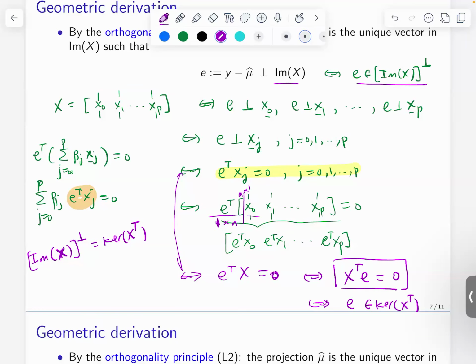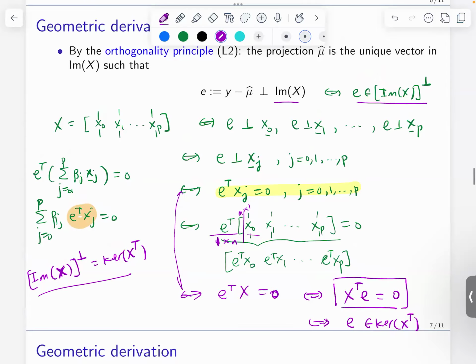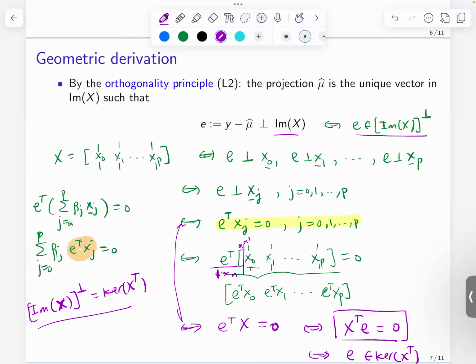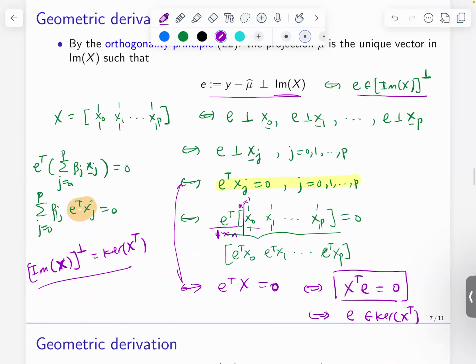We really wanted this identity. If you knew this, you could just shortcut from this step to that step and immediately get X transpose E equal to 0. But if you want to prove it, the proof is not difficult. Sounds good? It's a good exercise in symbolic manipulation.